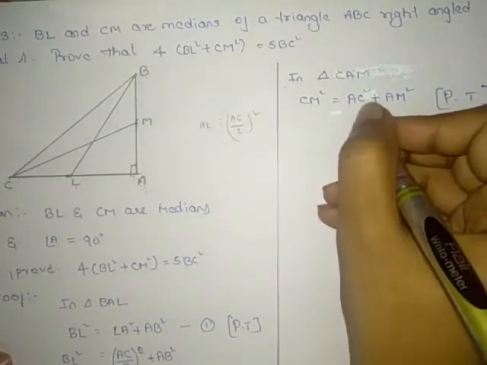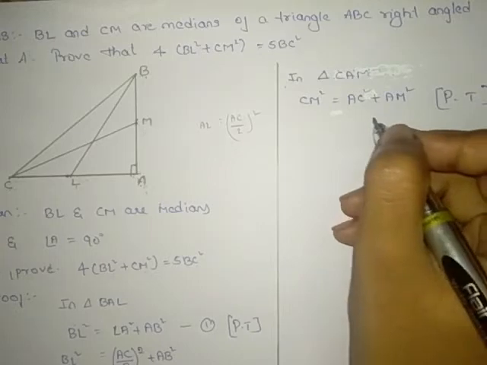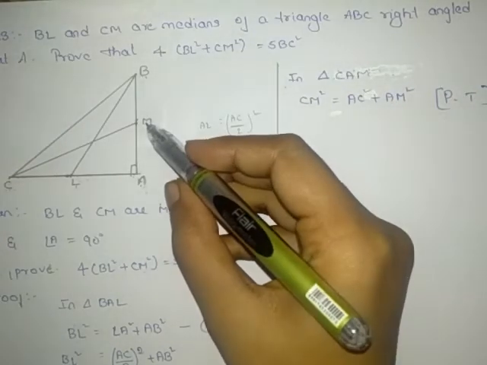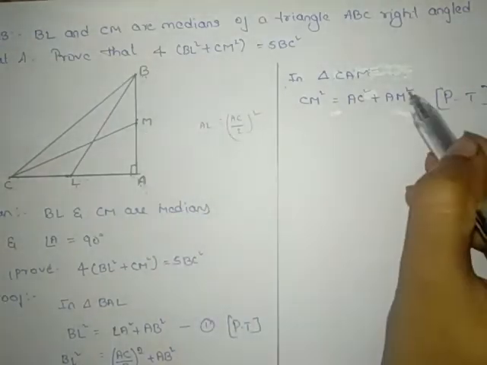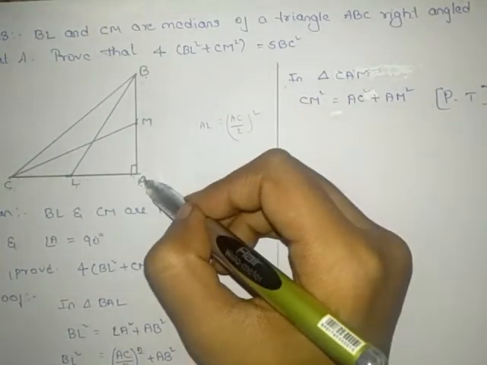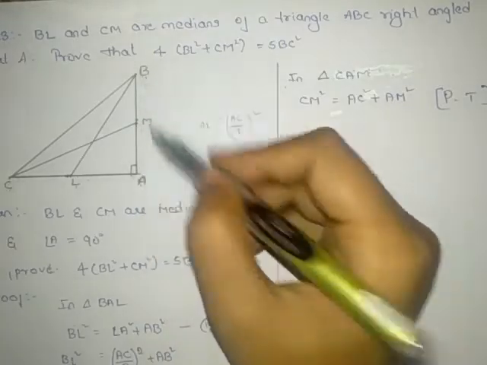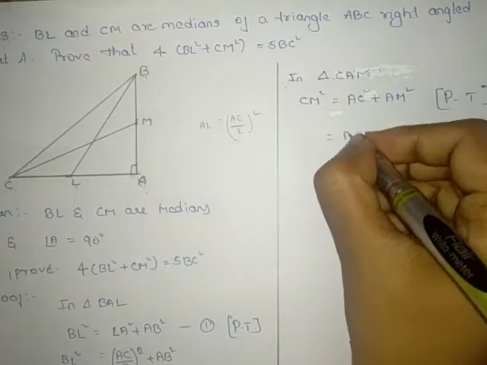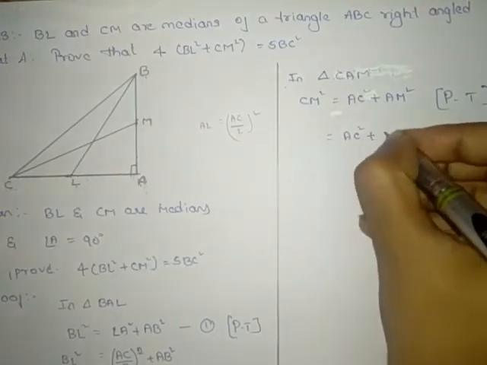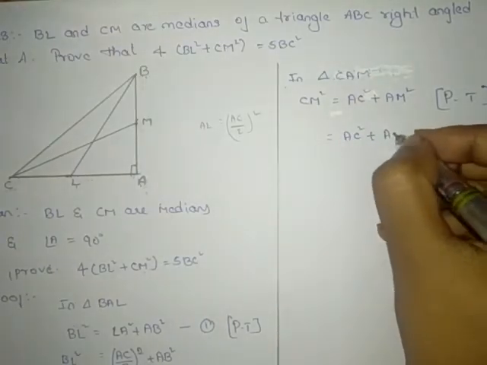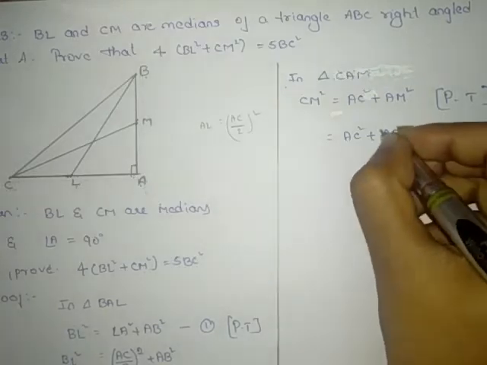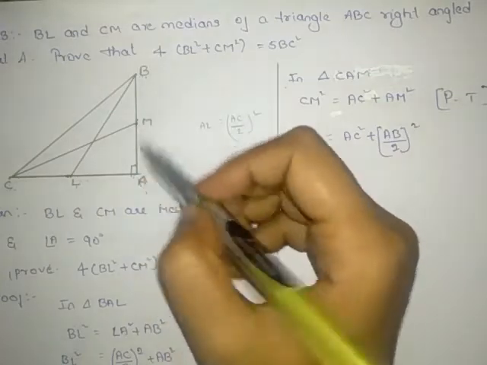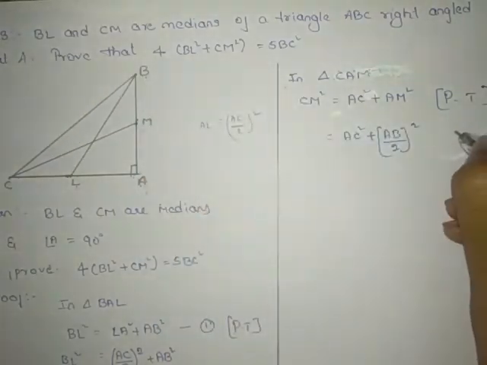Now again, you know that instead of AM, I am going to write AB divided by 2 as we have done here. So we'll write here AC square plus AB divided by 2 whole square, right? Because M is the midpoint of AB. We can write here the reason why.